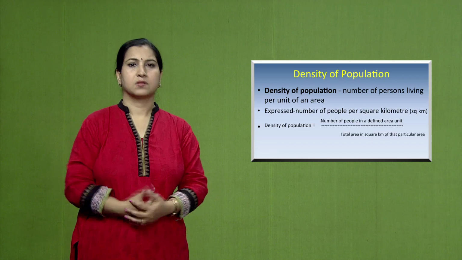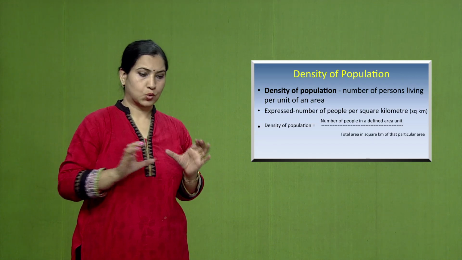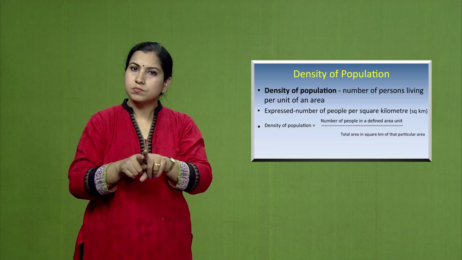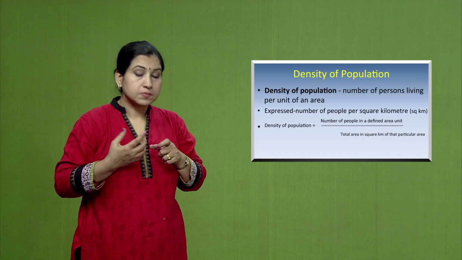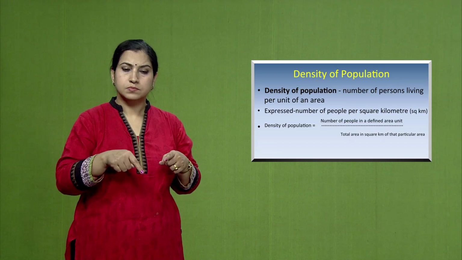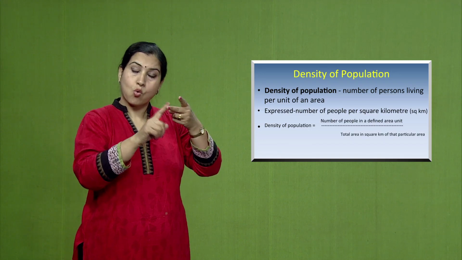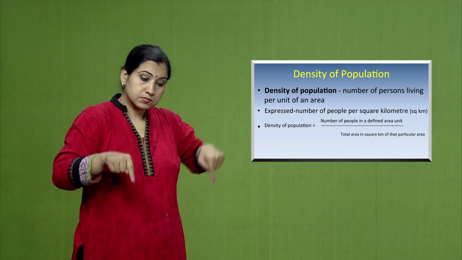Density of population is somewhat similar to that of distribution as it also counts the number of people, but it measures another thing with number of people, and that is area.